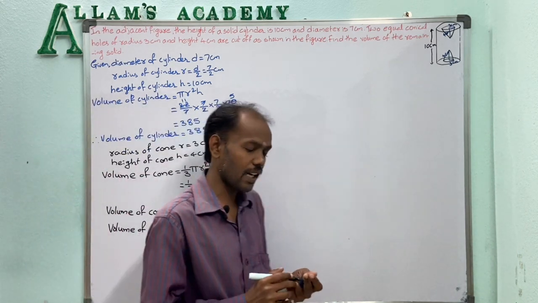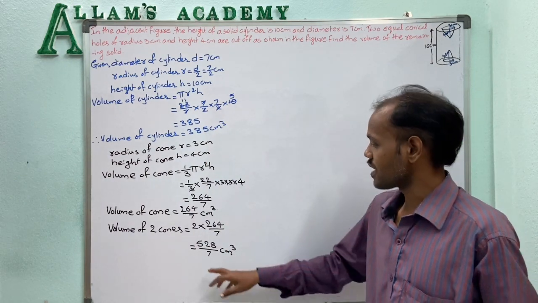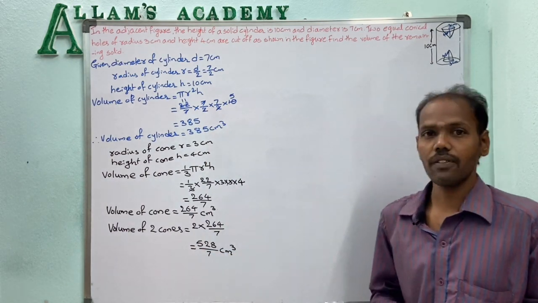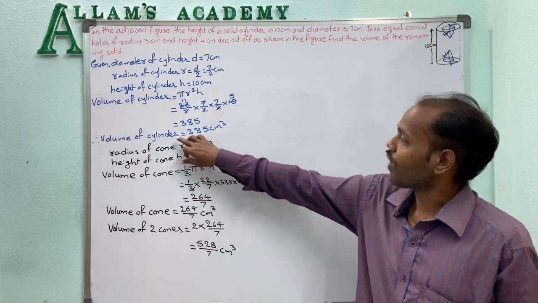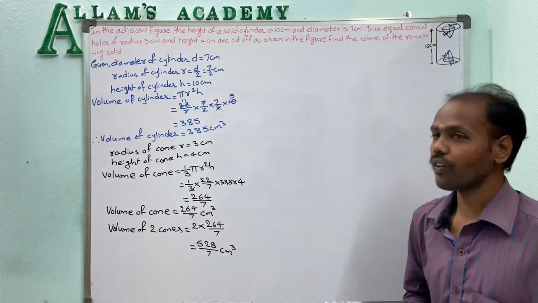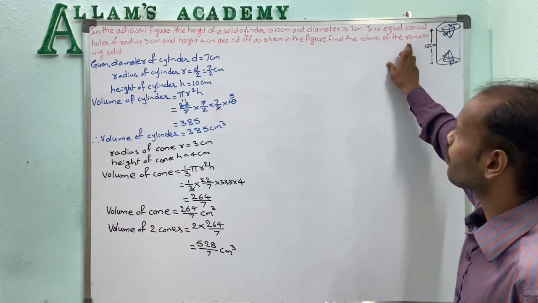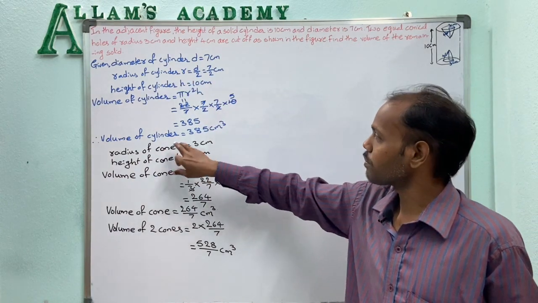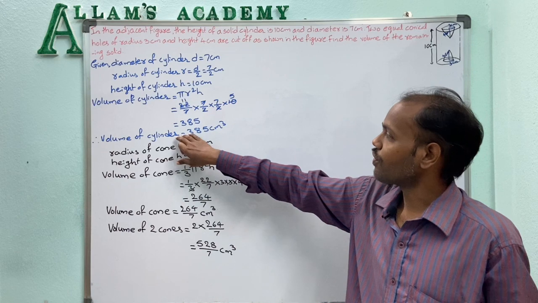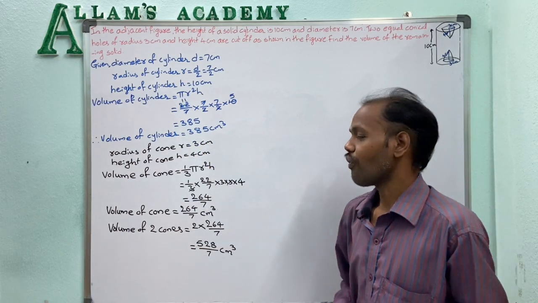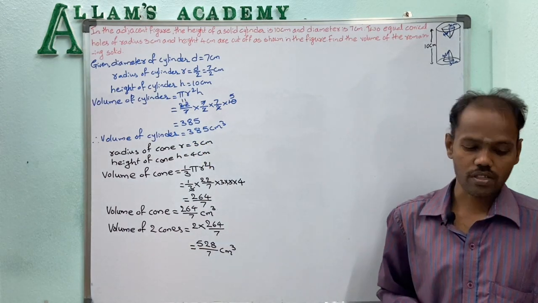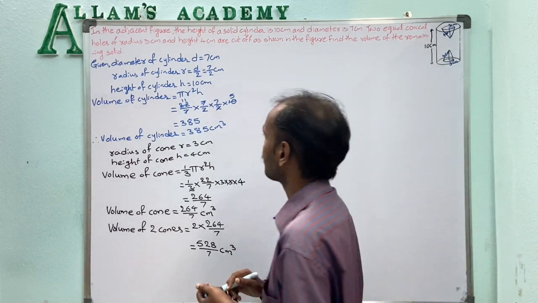So now we get the volume of two cones is 528 by 7 centimeter cube and volume of cylinder is 385 centimeter cube. Now we want to find the volume of remaining solid, that is nothing but volume of cylinder minus volume of two cones. That one now we find.